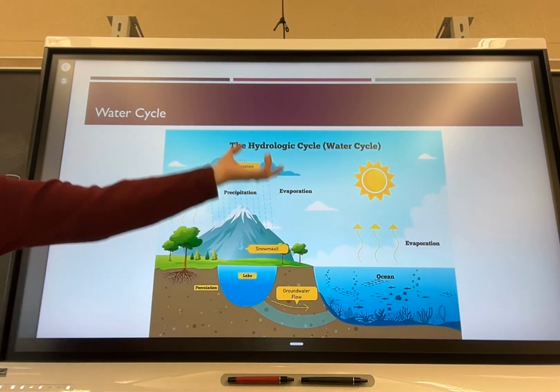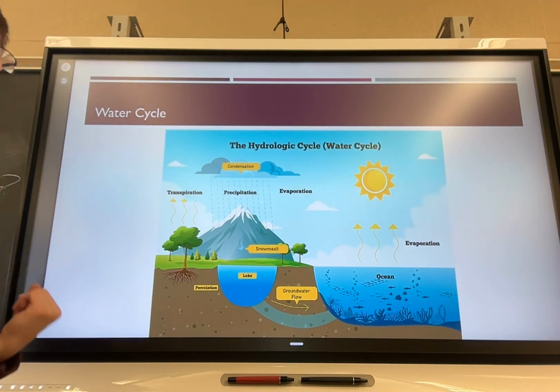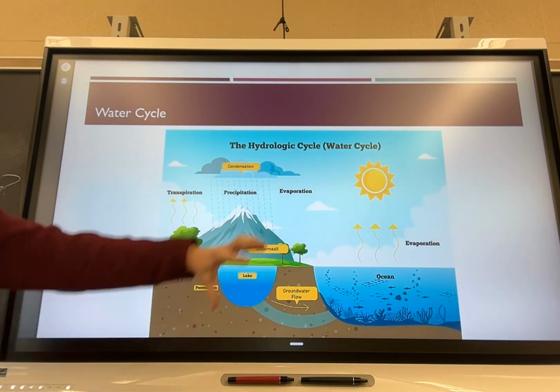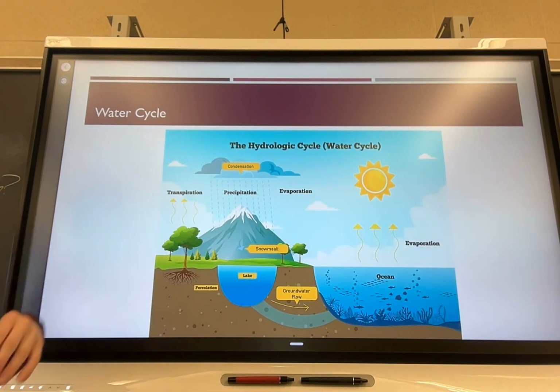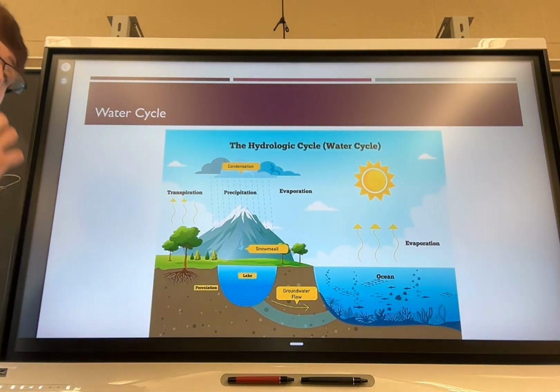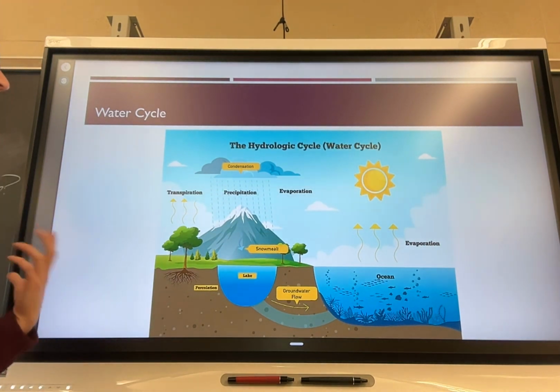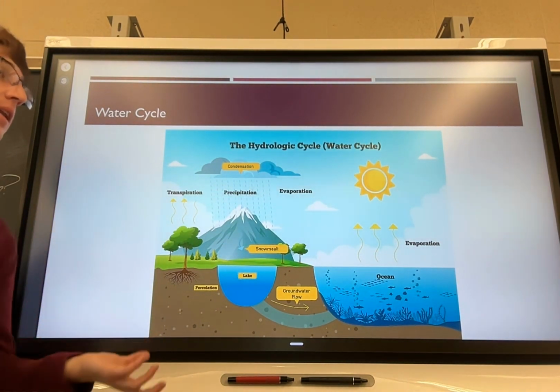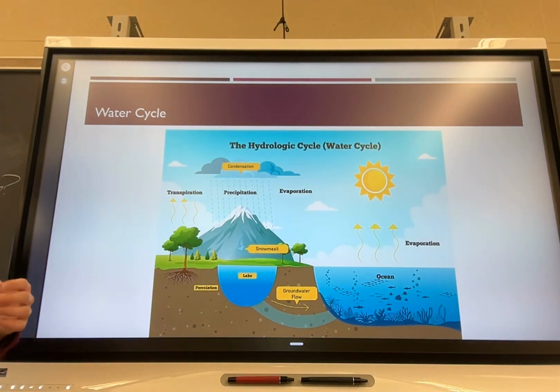And this is going to move up into the atmosphere through the process of evaporation. This evaporation is going to condense into clouds, which, after enough builds up, will lead to the production of precipitation, of rain, of sleet, of hail, of snow.